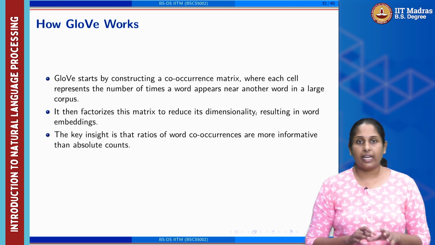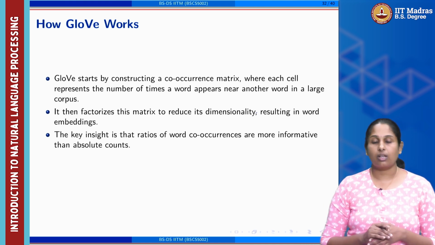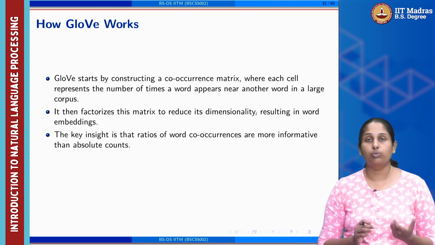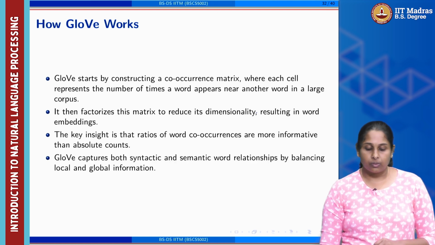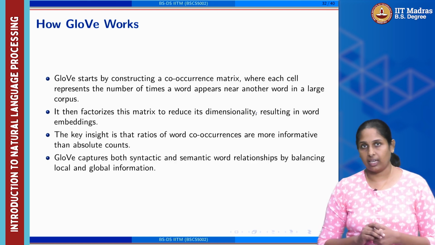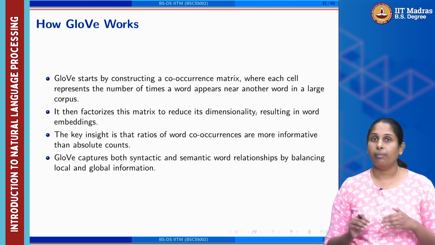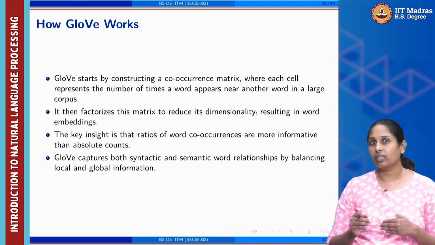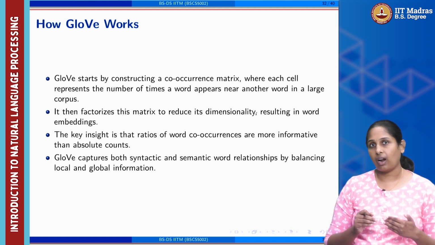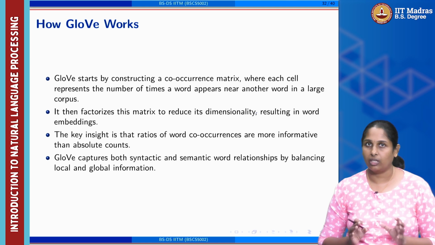The key insight is that ratios of word co-occurrences are more informative than absolute counts. GloVe captures both syntactic and semantic word relationships by balancing both local and global information, because co-occurrence is one important thing which helps us to know whether I is followed by like, then there is a kind of syntactic element associated with it.